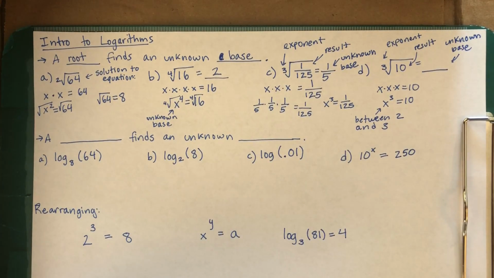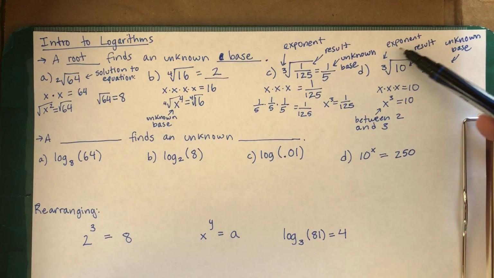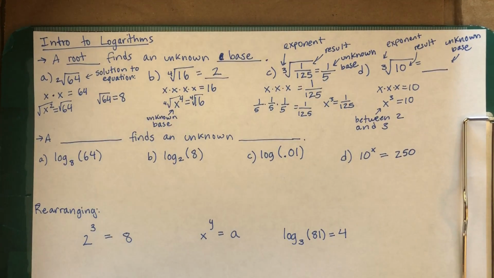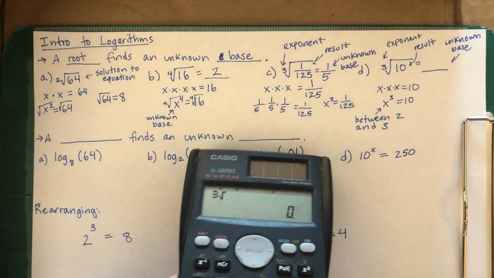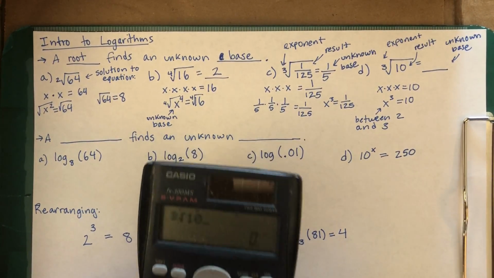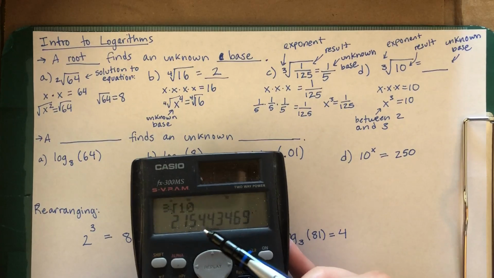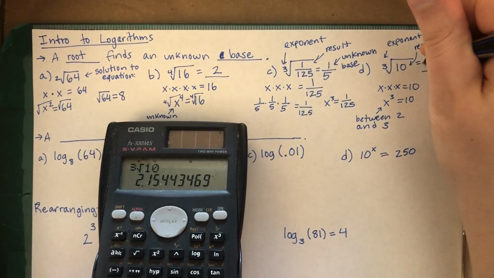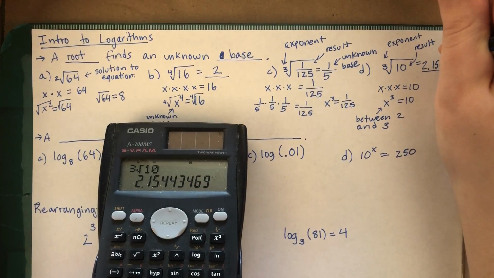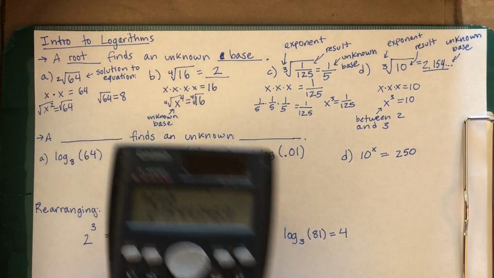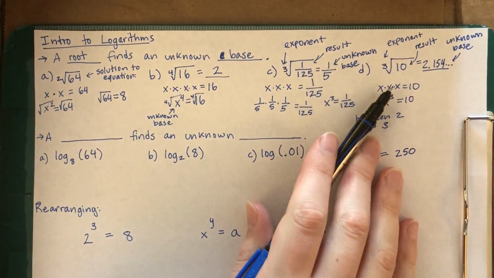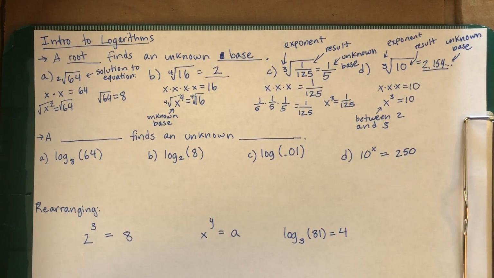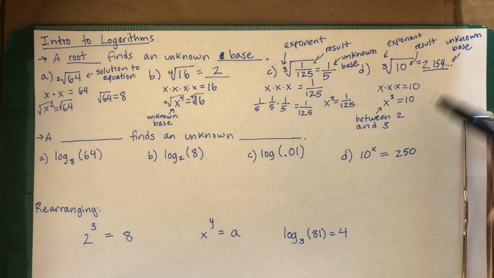And so to solve this equation, we really just do need to type in the cube root of 10 into a calculator. So cube root of 10 equals 2.1544, etc. But this is the same relationship as it is with these other roots, just that we got an answer that is a long decimal.